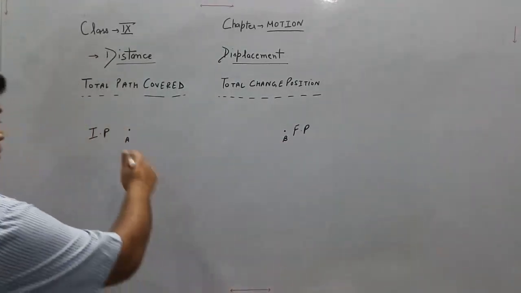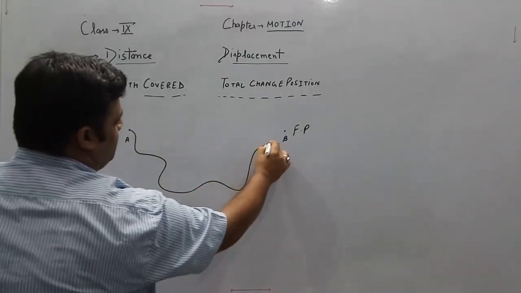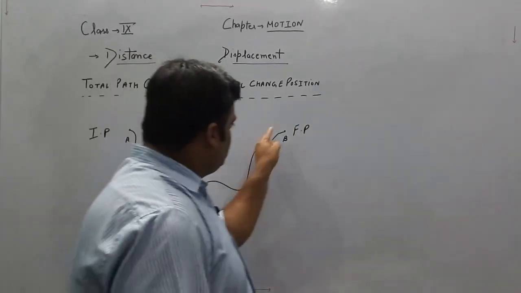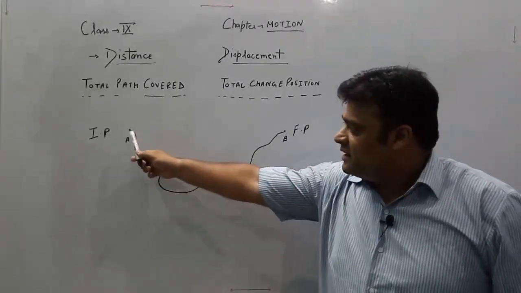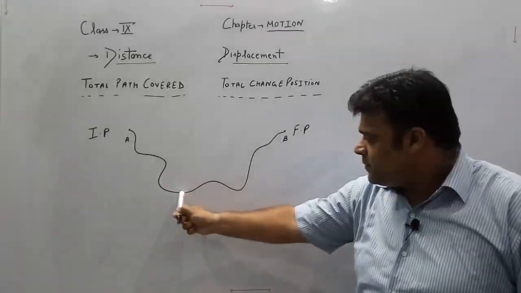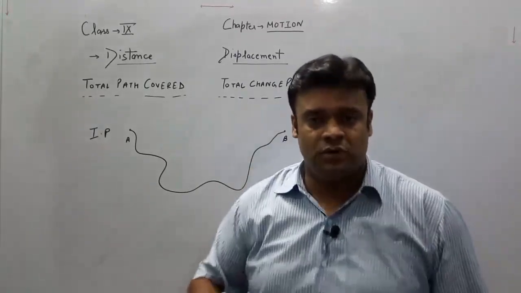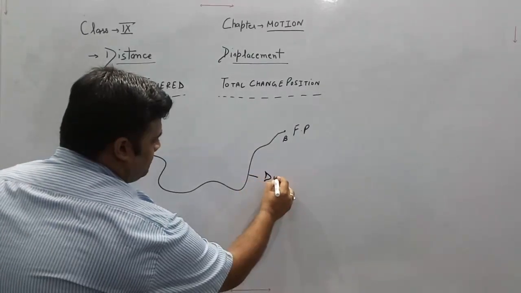Now suppose the object covers this path and reaches point B. This is the total path covered by the object. That is, what is distance? It will be the total path covered by the object. So distance in this case will be this path covered by the object.